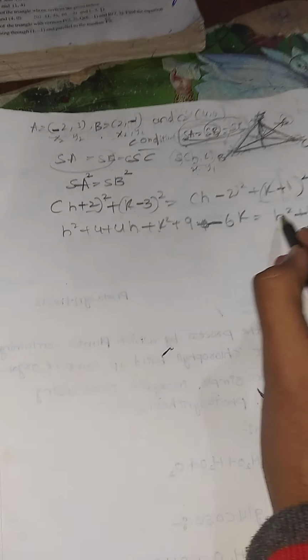If we make any mistake here, the whole problem becomes wrong, so we should be careful while doing these problems. If h square comes this side, it will become minus. h square minus h square is nothing but 0, so instead of doing that, I am directly cancelling both.